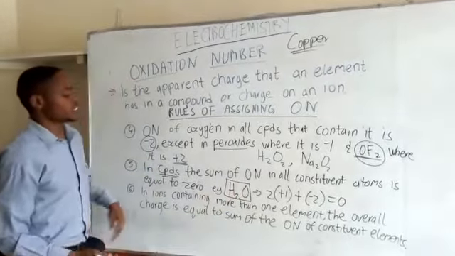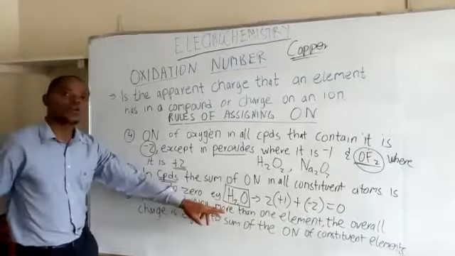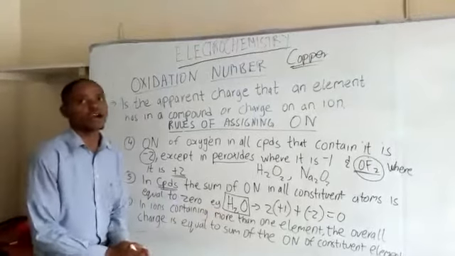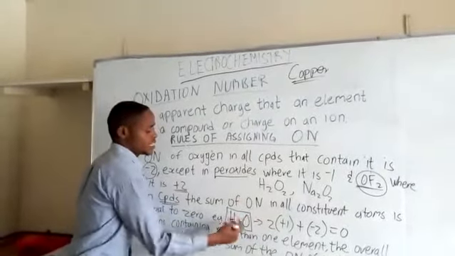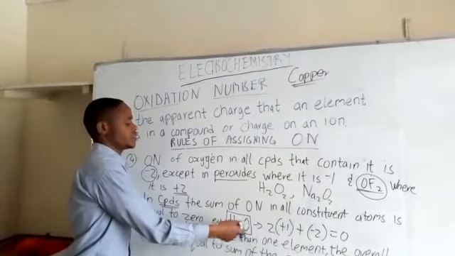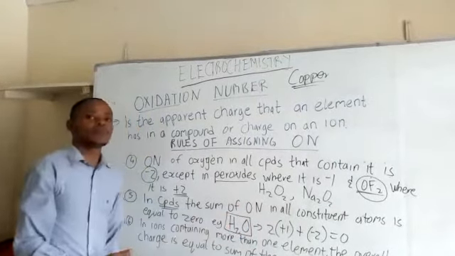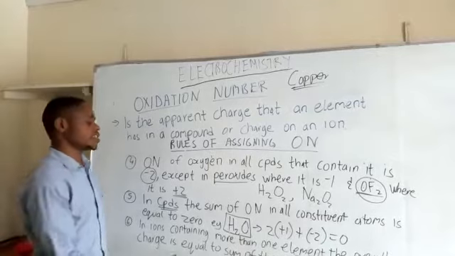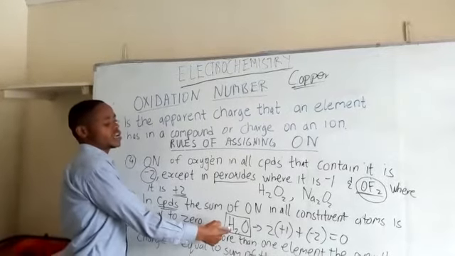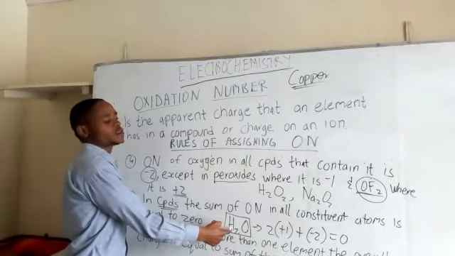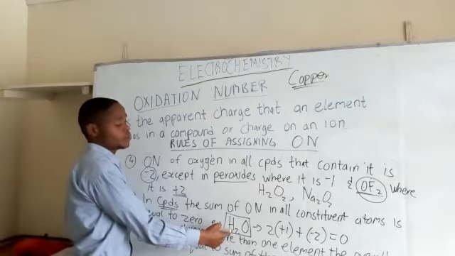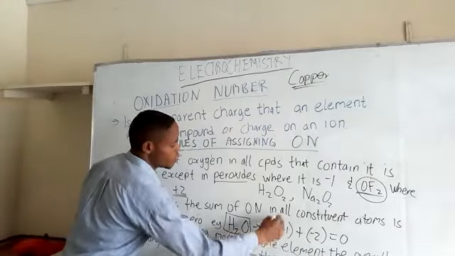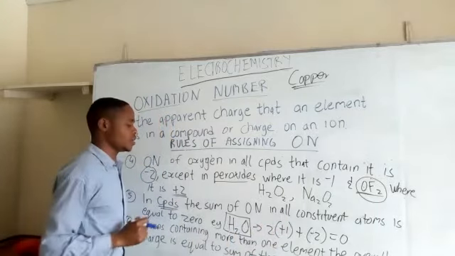For instance, we've said hydrogen in all compounds has an oxidation number of +1, because this is not the exception, where the exception for hydrogen is the metal hydrides. So here hydrogen has an oxidation number of +1. But how many hydrogens do we have here? We have 2 of them. So we're going to have 2 into bracket +1.